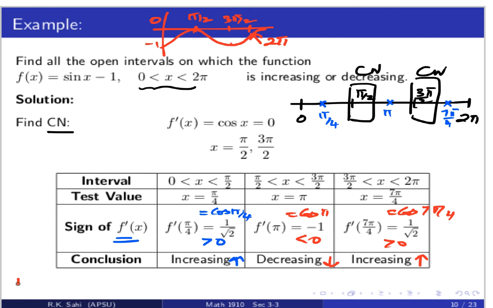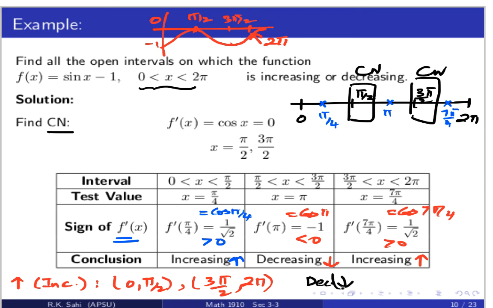So let's write it down. Increasing intervals is from 0 to pi halves and 3 pi halves to 2 pi. Now decreasing, it is from pi halves to 3 pi halves.